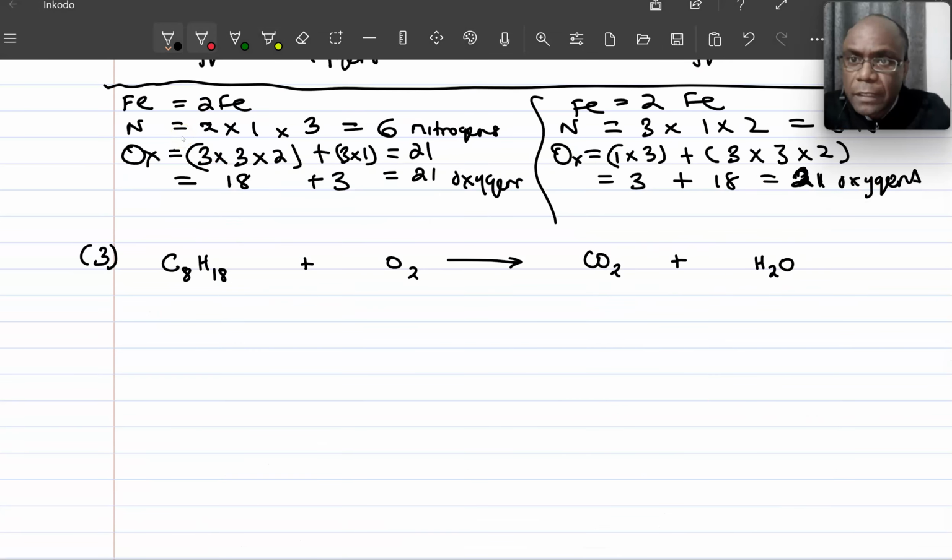Now let's look at the following example, which is example number 3. We need to balance the combustion of octane, which is found in gasoline, in gas for your vehicles. Combustion of octane in oxygen to give us carbon dioxide and water.